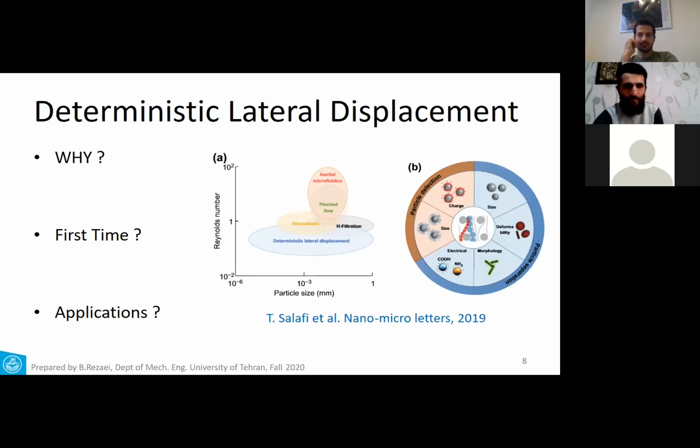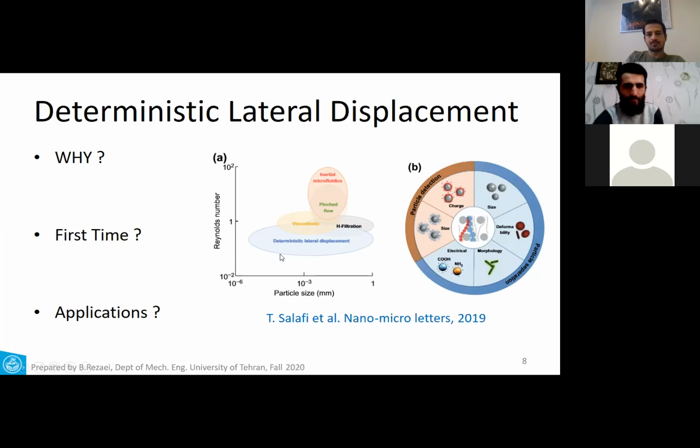Why do we use deterministic lateral displacement? What are its benefits versus the other passive methods? You can see the first diagram, the left one, that I've brought here. It can cover a good range; the other methods have a more limited range than this.